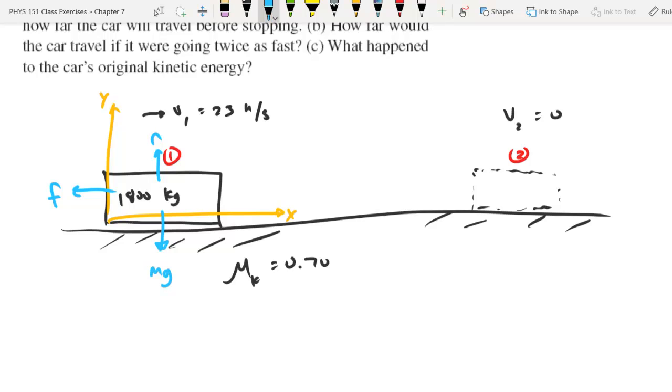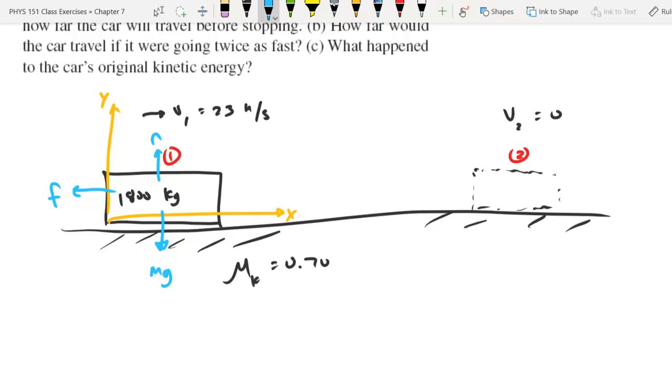I encourage you to do that because our exam will cover Newton's laws, and could have some kinematics built into it, as well as the work energy theorem. So try to solve it with Newton's laws and kinematics, and then also try to solve it with the work energy theorem like we're going to solve it here now.